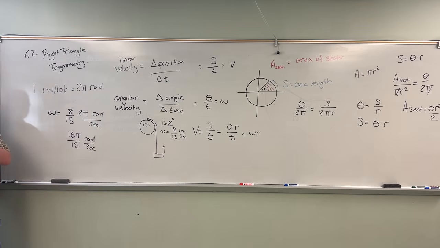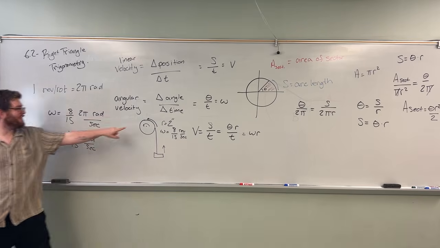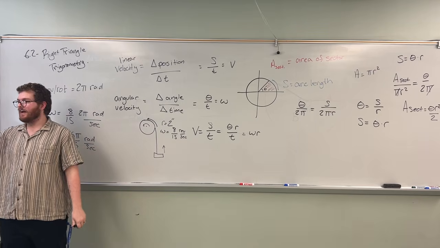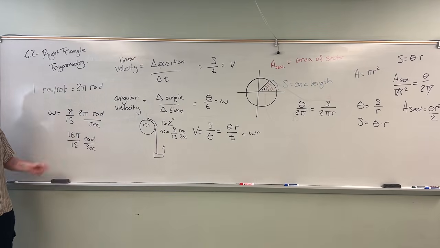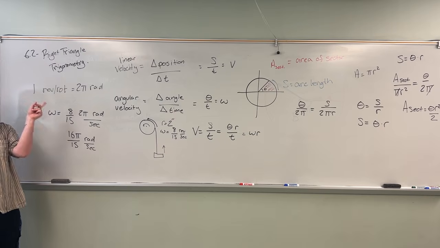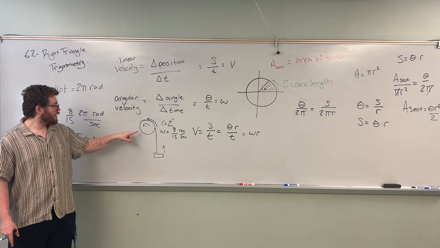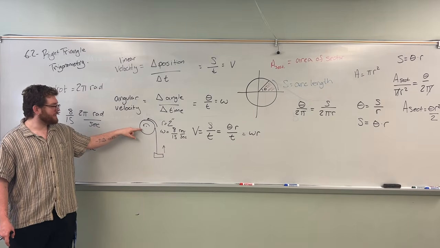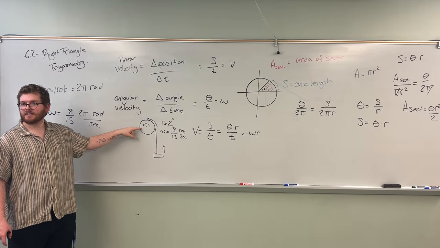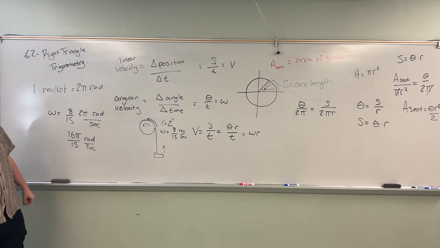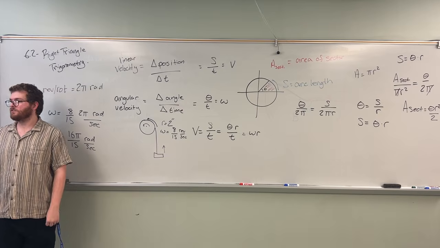So that's how much the speed of the angle is changing. How fast is the angle changing? Well, it changes 16 pi over 15 radians every second, which is a little past halfway around the circle every second, which makes sense. If 8 over 15 is a little over half, then the angle should change a little over half the circle every second.